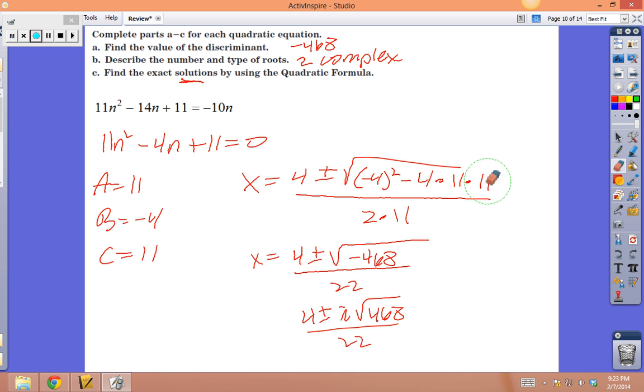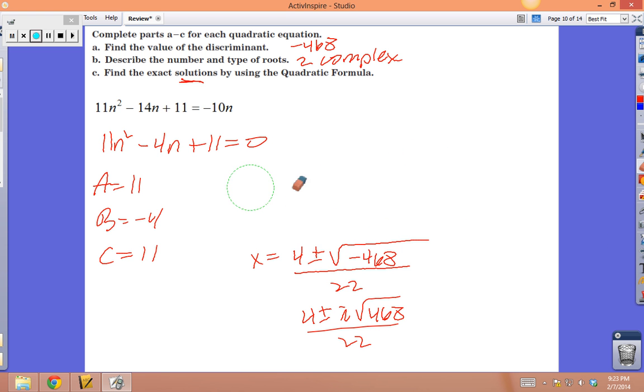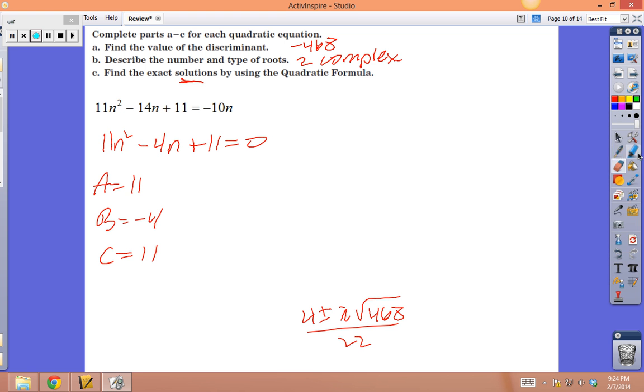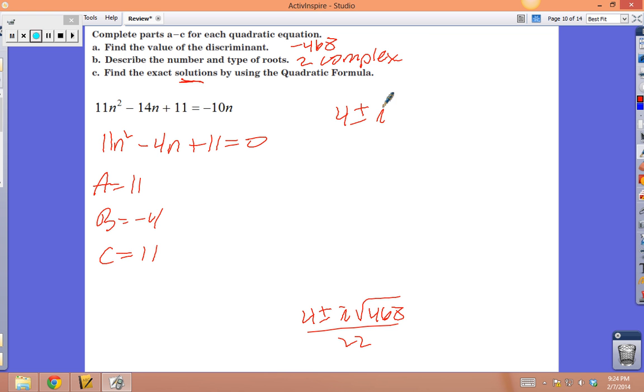Now, I'm going to pull out some squares of 468. 4 plus or minus i. 468 is the same as 2 squared times 3 squared times 13. So this square root's going to undo that square and that square. So that's all over 22.